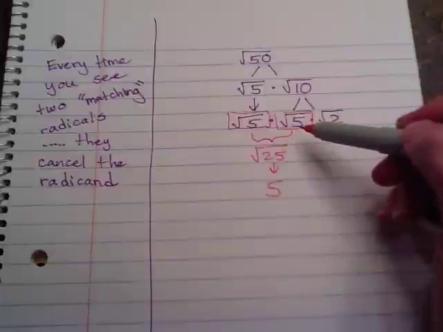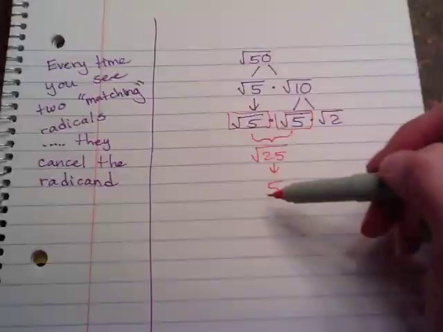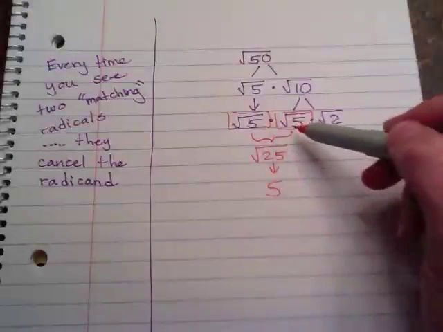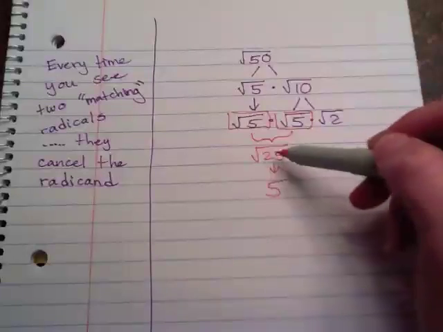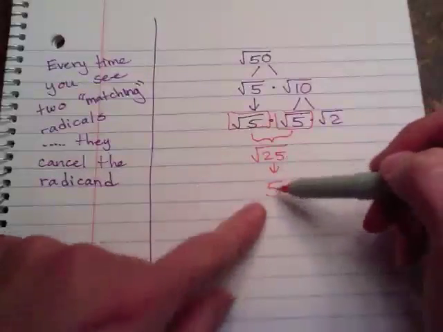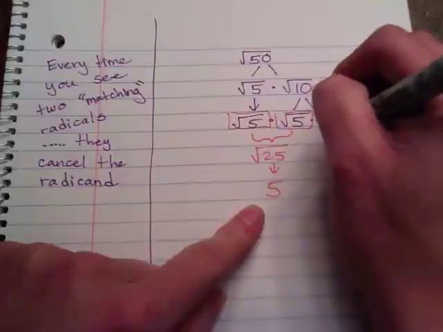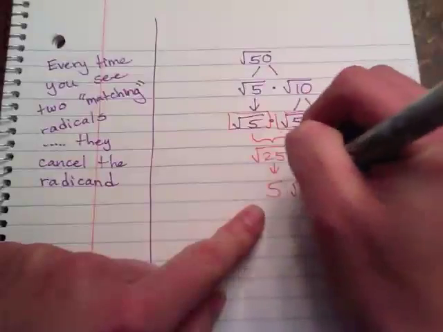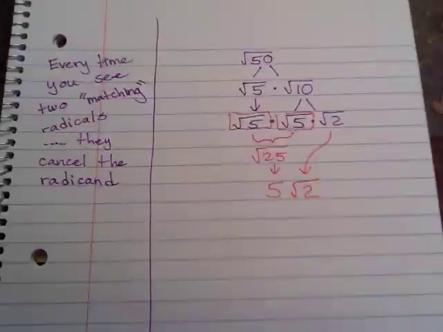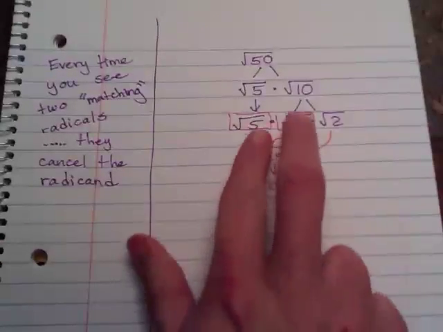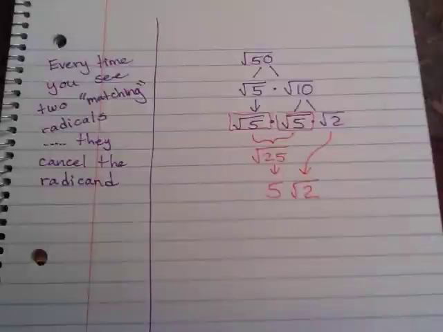So the radicand just cancels and you bring a 5 down. Or if you're going to forget that, just multiply them together. You get square root of 25, take the square root of 25, and you have 5. And then the square root of 2 still comes down. So always be aware of those matching radicands also.